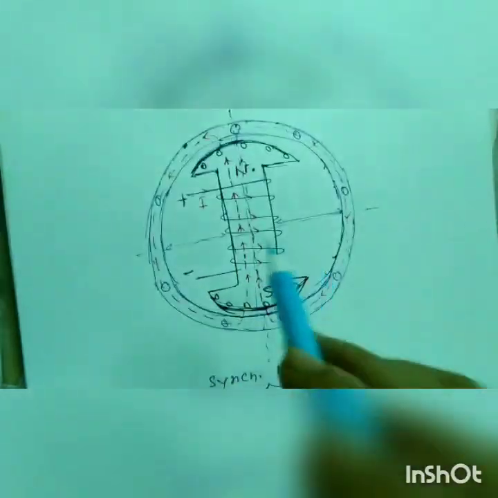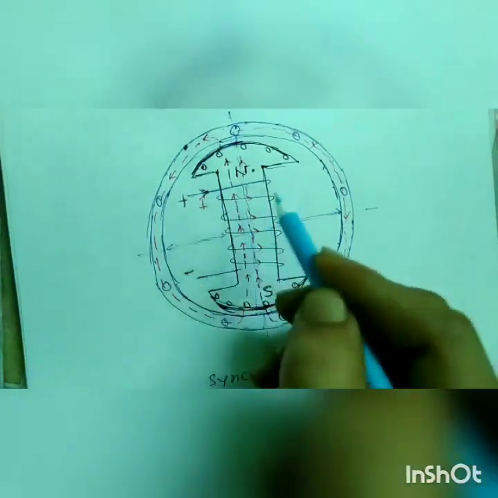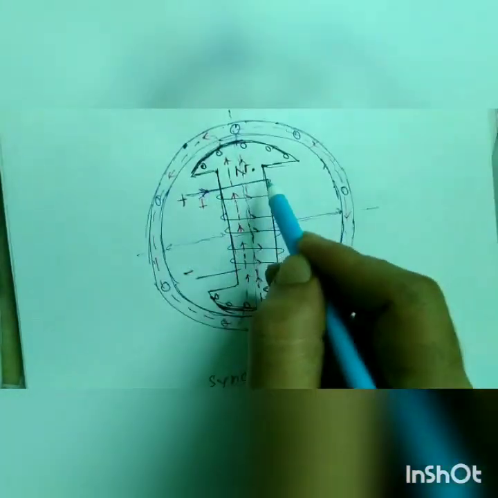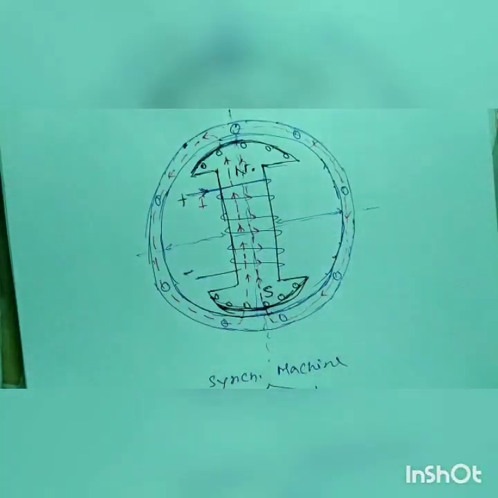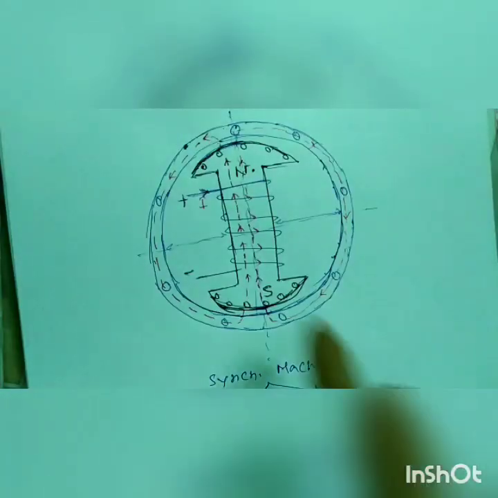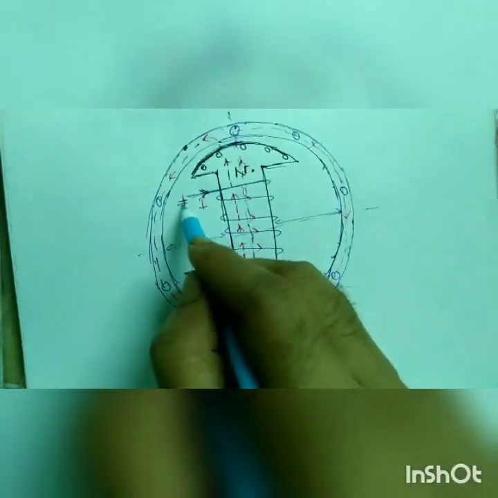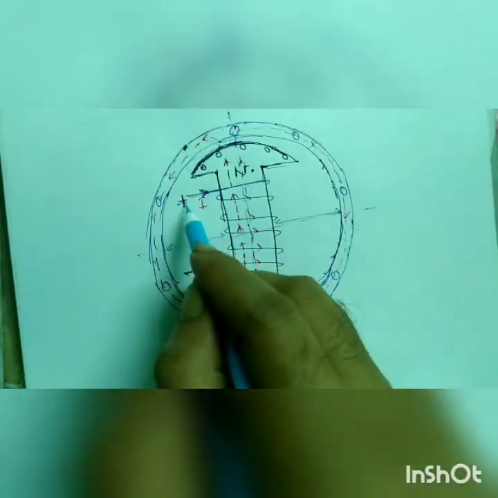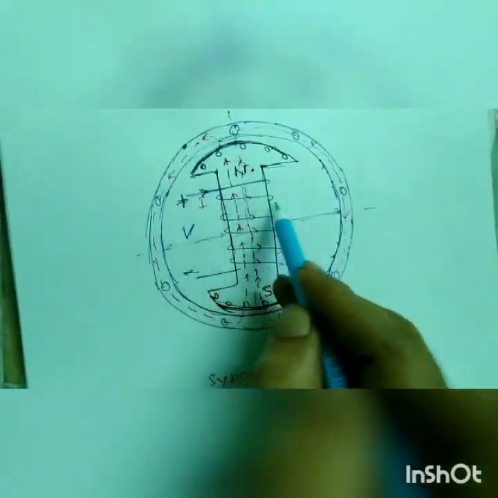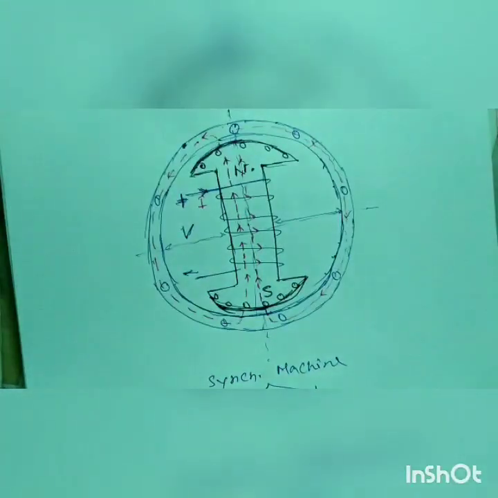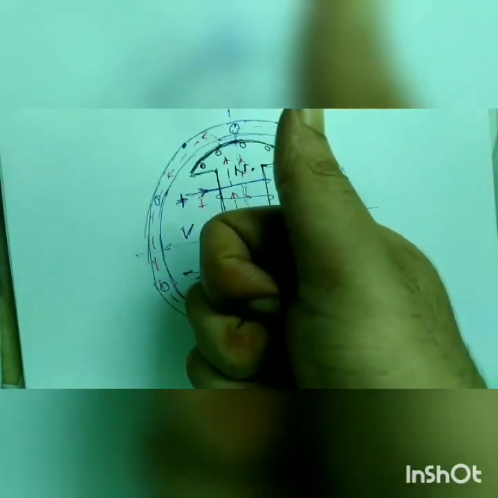So let's see. Here current is flowing from here in that direction. By the right hand rule we can determine the direction of flux. Because of the DC current, we have applied a DC voltage V here. So current will flow in that direction and flux will flow. Just think about the right hand rule, then you will get the direction of flux.